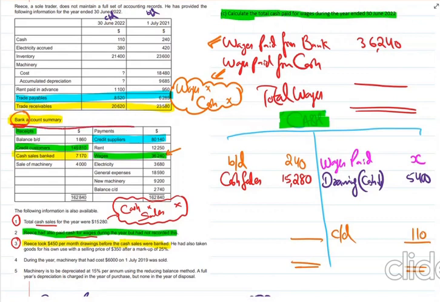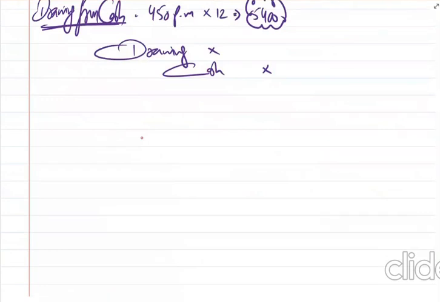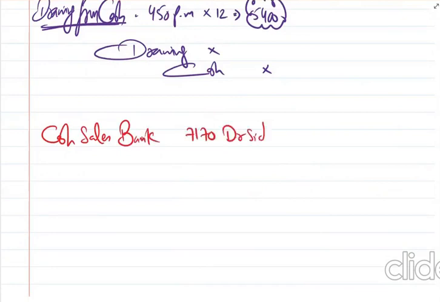This is the T account. This is the debit side and this is the credit side. This 7170 is showing on the debit side of the bank account. He wrote cash sales bank, 7170 on the debit side of the bank account. What does this mean?